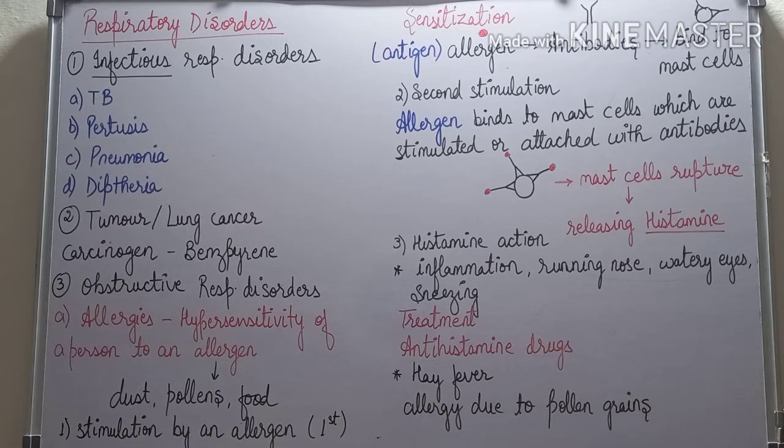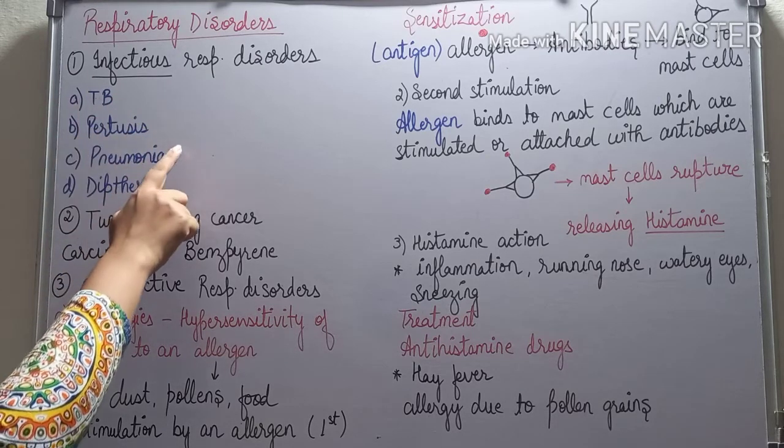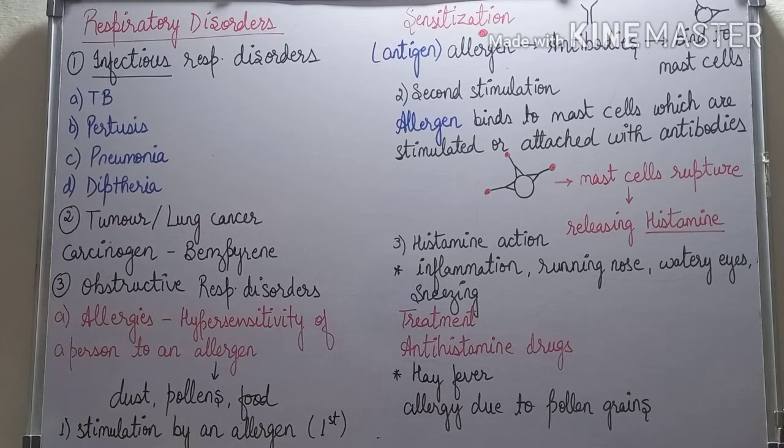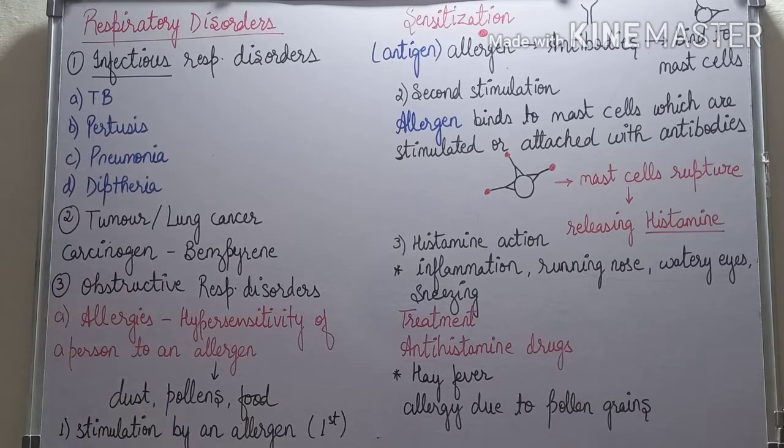The examples of infectious respiratory disorders are TB, pertussis, pneumonia and diphtheria. For example, TB is caused by a bacterium named Mycobacterium tuberculosis. Pneumonia is caused by again a bacterium, that is Streptococcus pneumoniae.